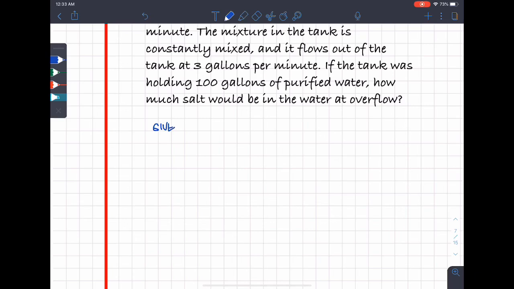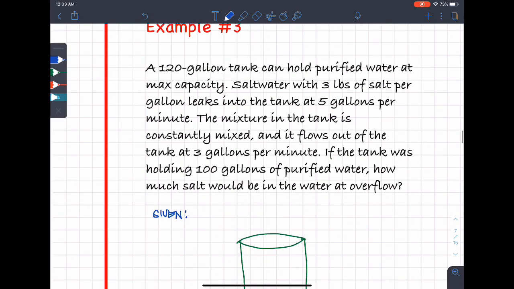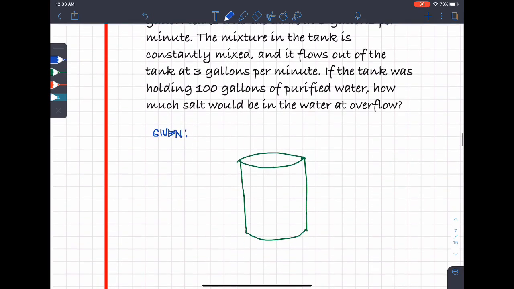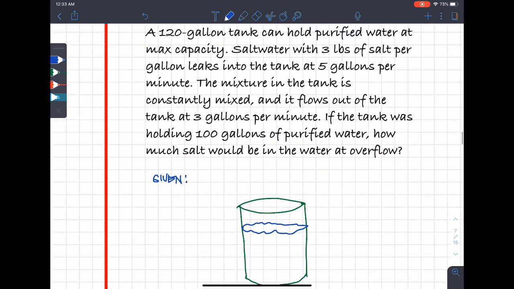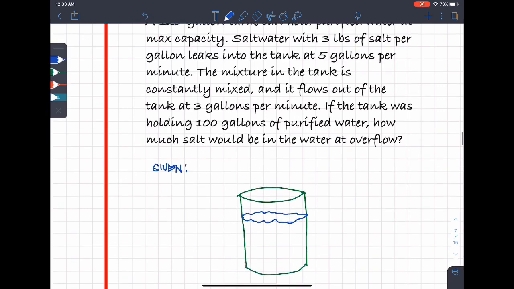Similar to the previous example, let's draw our tank and identify the given. Initially, it can hold purified water. However, there are two volumes present here.